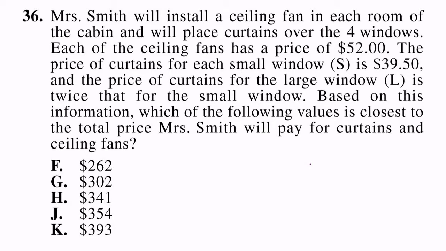So we know we have ceiling fans, and she will install 3 of them, one for each room. So $52 times 3, and that gives us $156. Then we know the price of curtains for each small window is $39.50.